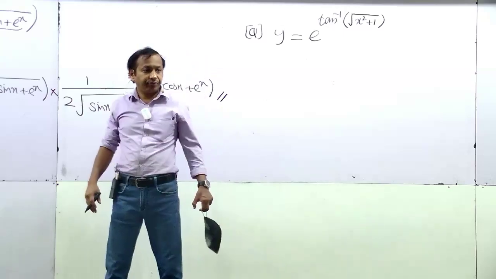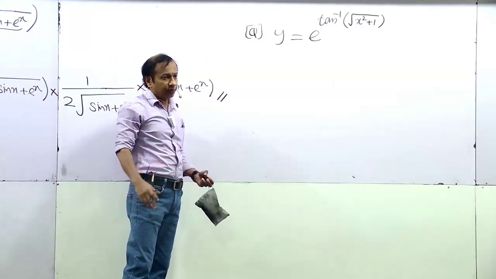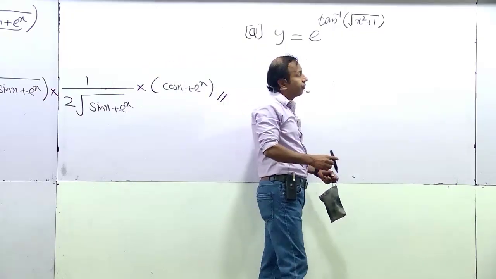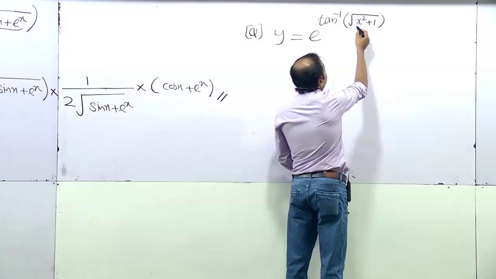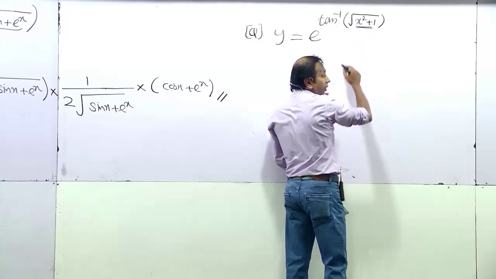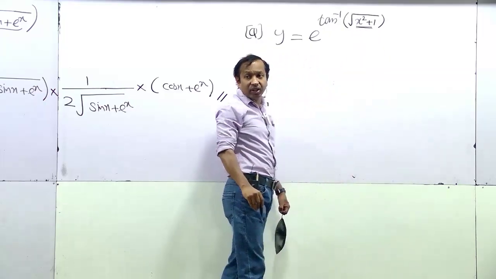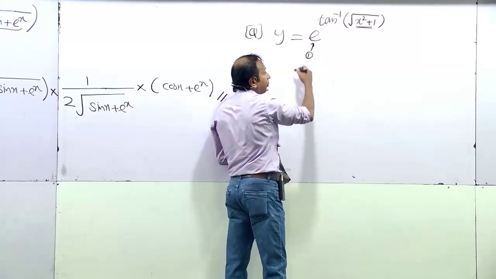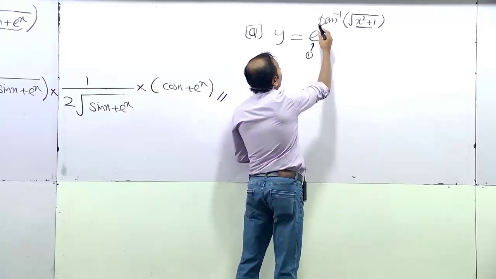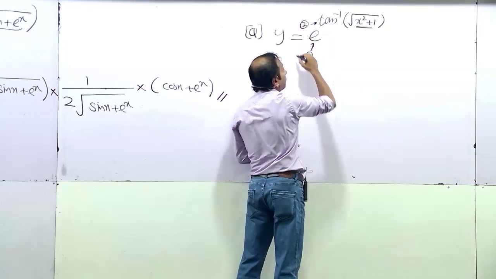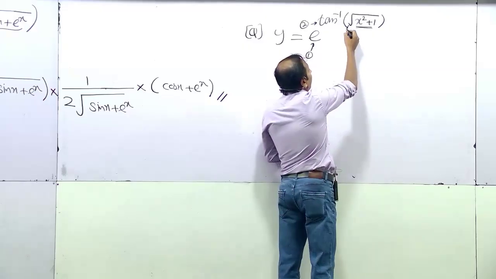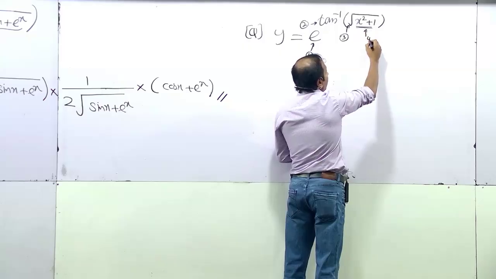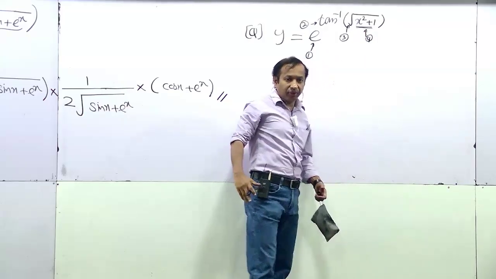Now tell me, that outer person should go inside this. What are the obstacles, one after the other? First one is e. Then tan inverse. Then root sign, number 3. Finally this fourth one.